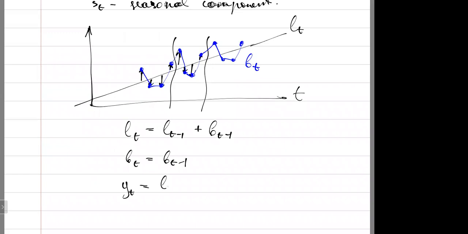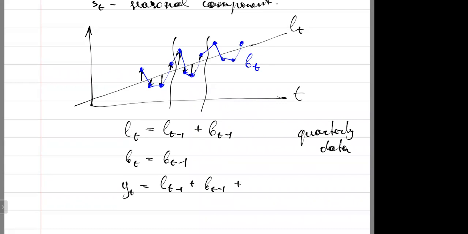And Y_t, when we have no noise, everything is simple. Y_t is just L_{t-1} plus B_{t-1} plus S_{t-m}. Let's say we have quarterly data, so we have 4 seasons: first quarter, second quarter, third quarter, fourth quarter.